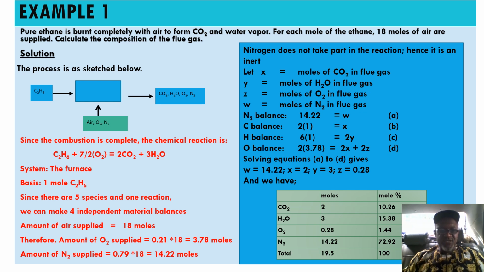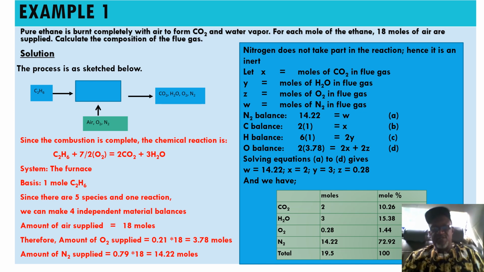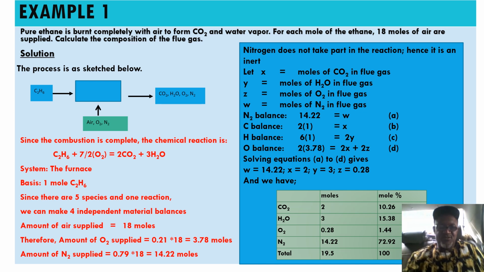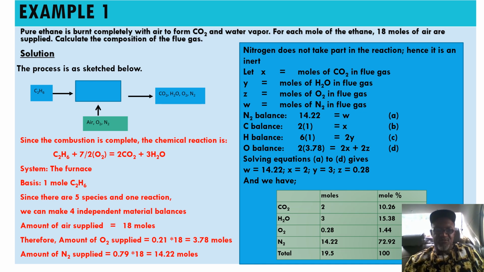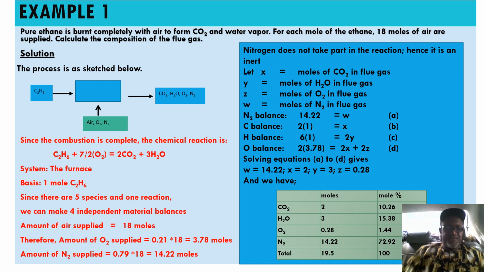The amount of air supplied is 18 moles, as given. Therefore, the amount of oxygen supplied is 0.21 times 18. Remember, the fraction of oxygen in air is 0.21. So multiply by the 18 moles and that will give us the moles of oxygen that is supplied. The amount of nitrogen supplied is 0.79 multiplied by 18.